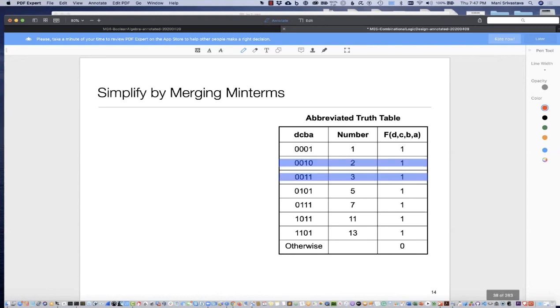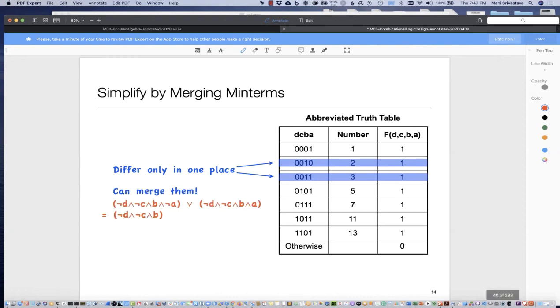So now let's look at these 2 rows. Okay. So these are minterms number 2 and 3 respectively, and they differ only in one place, right? My apologies. Here, unfortunately, I think I forgot to change the slide.